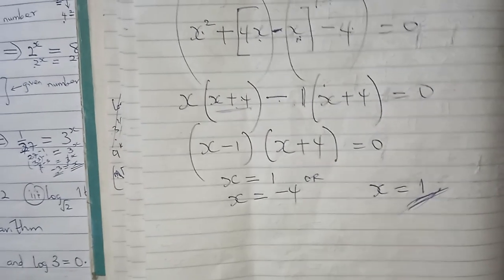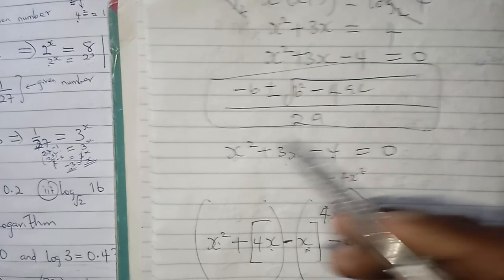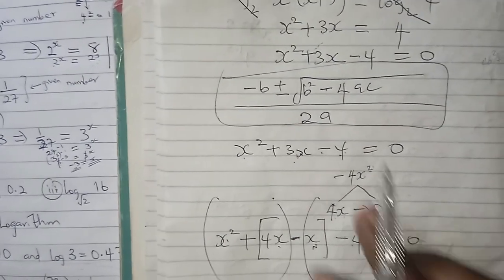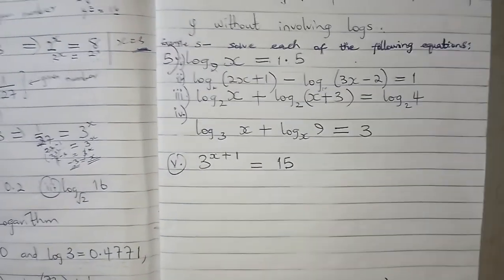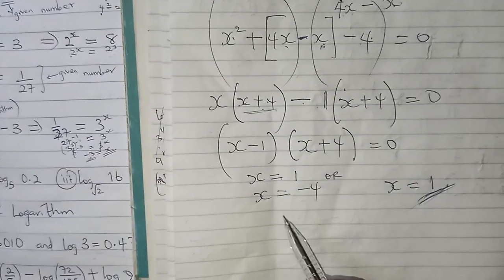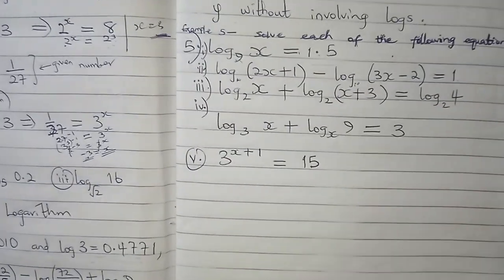You need to know that. And you remember that I told you that anytime the highest power is 2, for any expression, you always get 2 solutions. But here we are using this.